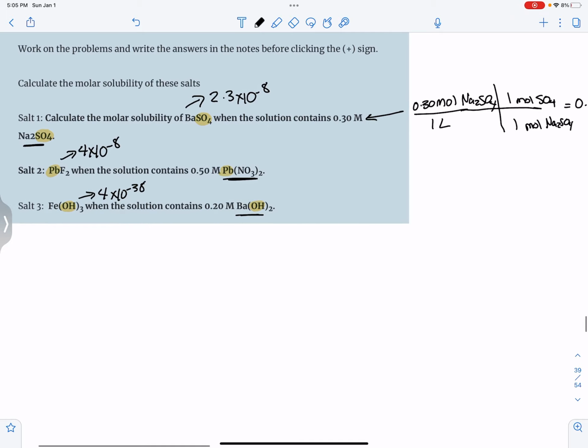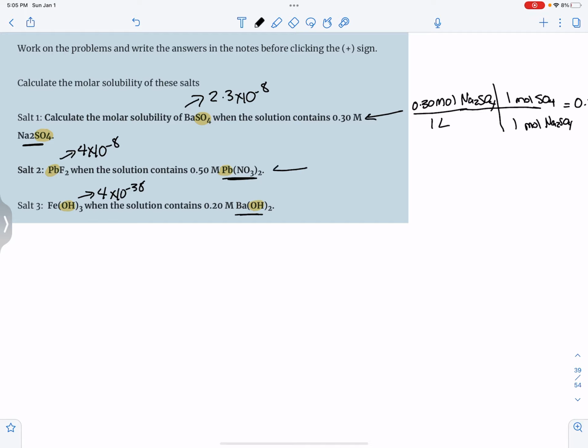Now I'm going to jump over here and figure out the molarity of this one. So 0.050 moles of Pb(NO3)2 in 1 liter, because it's molarity. And in 1 mole of Pb(NO3)2, I just have 1 of the lead. So that one's also the same. So that's 0.050 molarity of just the lead.